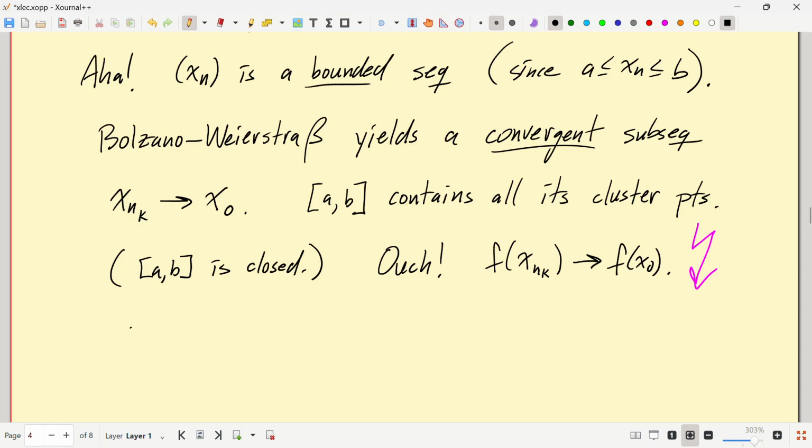Can't do that, because f of x_nk is going to be bigger than n sub k, and of course, taking a subsequence, n sub k is bigger than k. And so there's no way those are going down to some value.